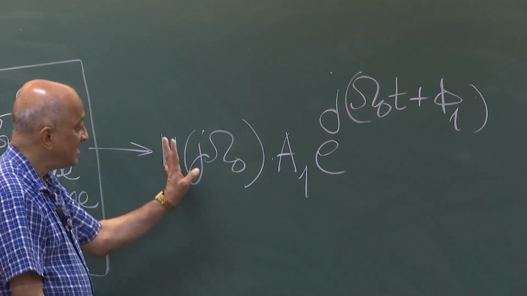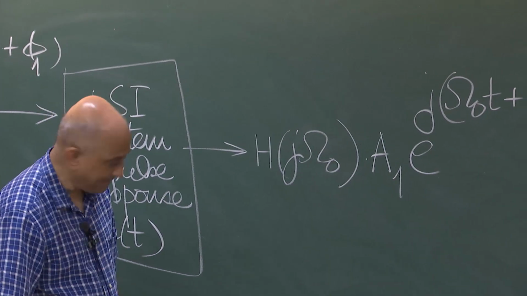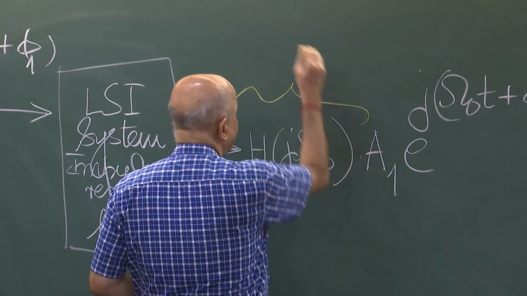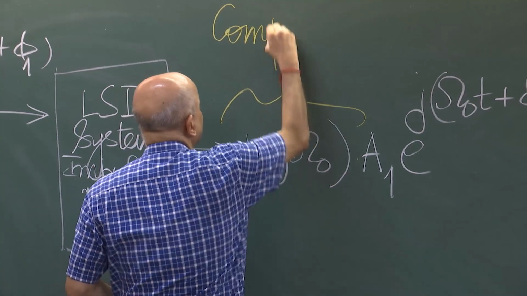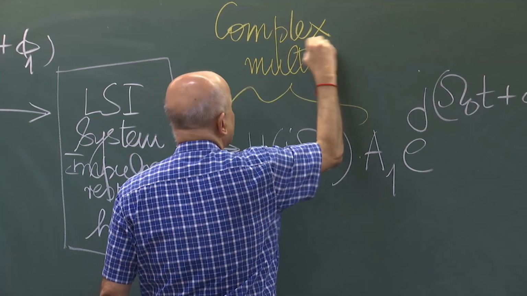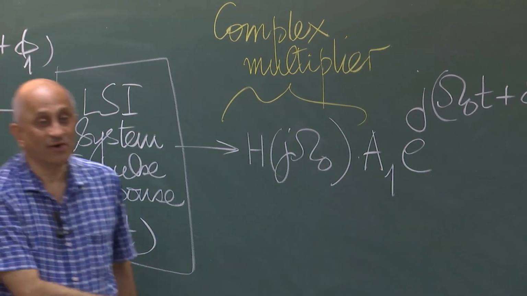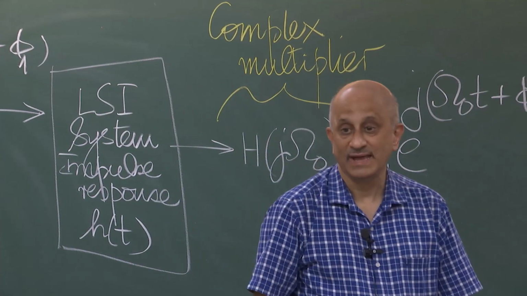So, this is a complex multiplier. This is a complex multiplier. And it depends on the frequency omega naught.